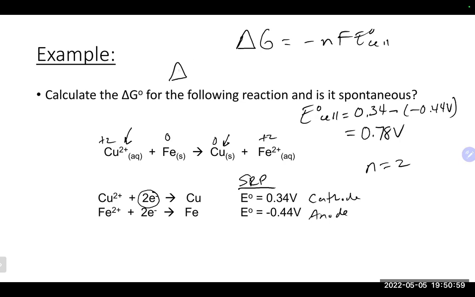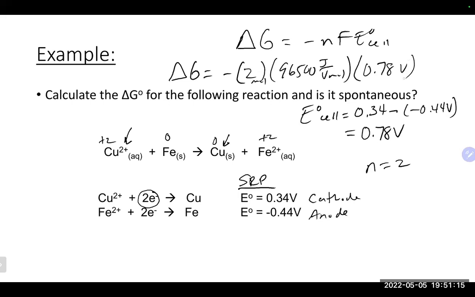So our delta G would equal minus 2 times 96,500, I think is what we're using there, joules per volt per mole, and our E, which is 0.78 volts. That gets us 0.78 times 96.5 and a 2.